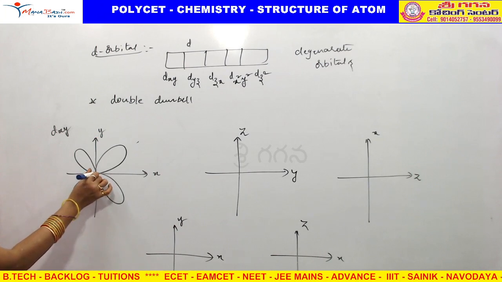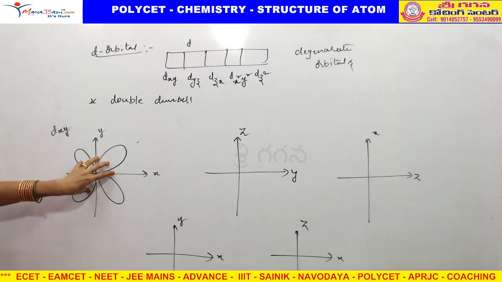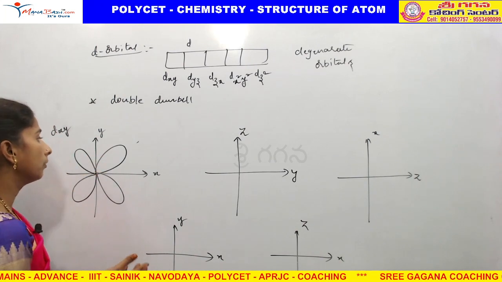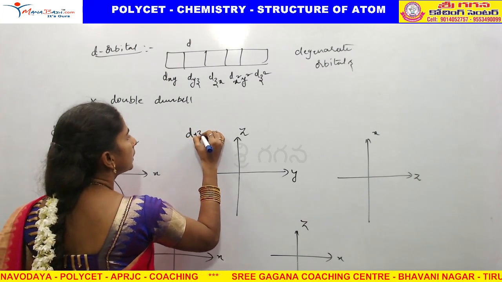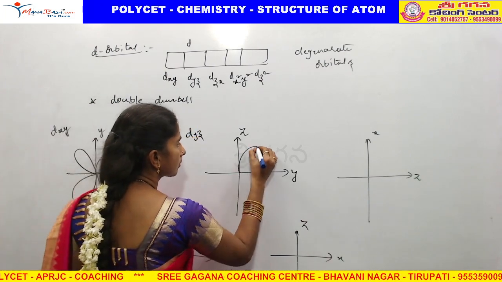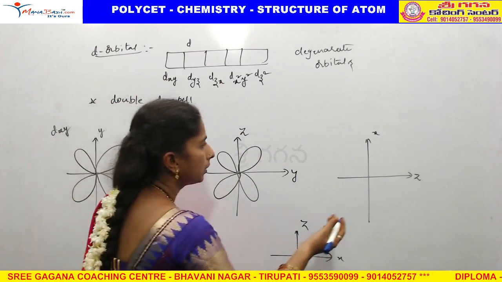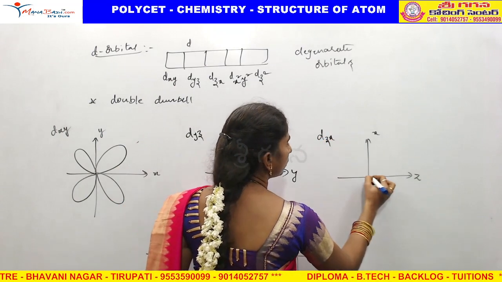The z-axis is as usual, it is three-dimensional. Between 2 axes a dumbbell pair is there. Between x and y, dxy. Between y and z, dyz. Between x and z, dxz, dzx also you can write, no problem.